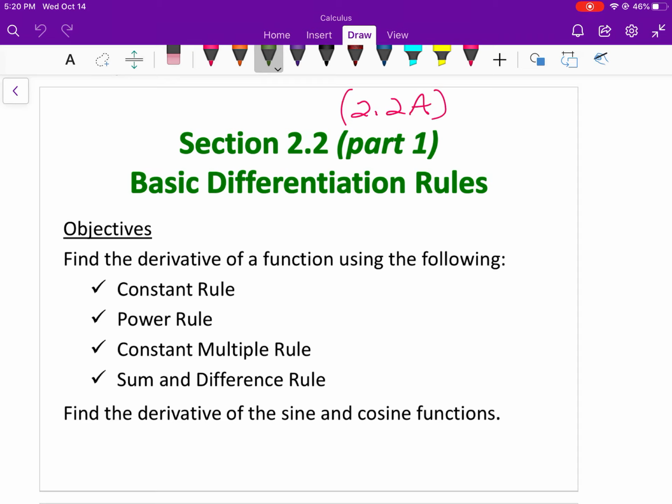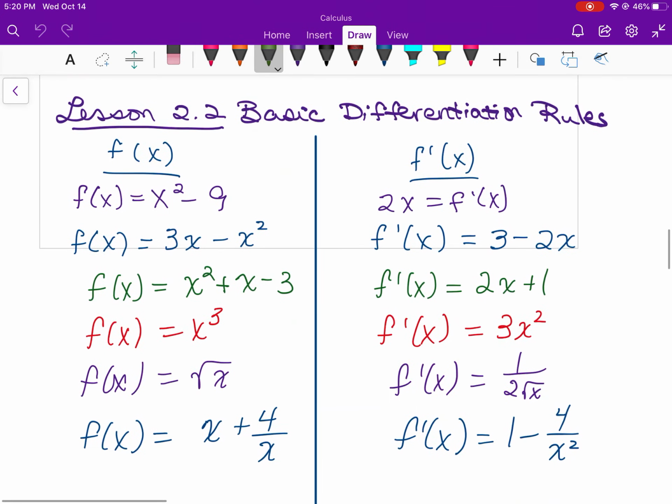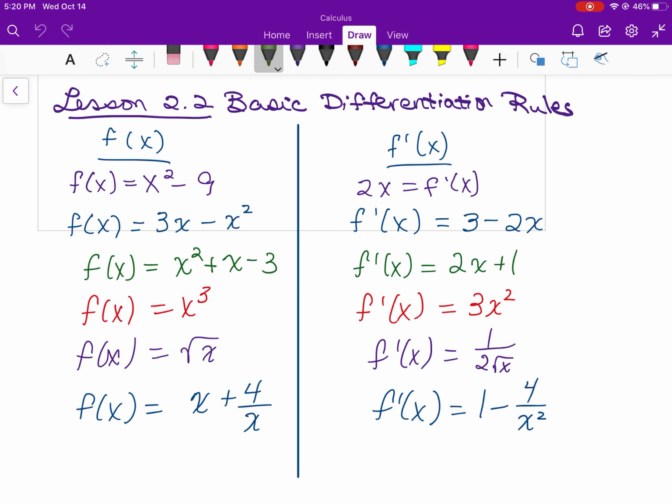They're going to be covered in this lesson, and to get your class started, I showed them a table that kind of looked like this. What I had your class do was basically I gave them the problem on the left, and I gave them the derivative on the right.